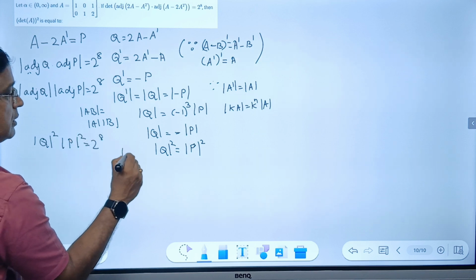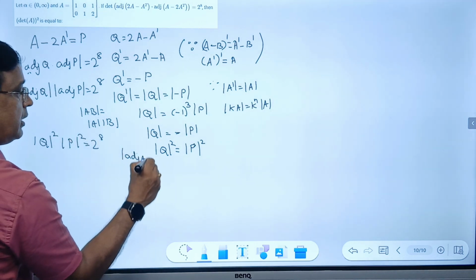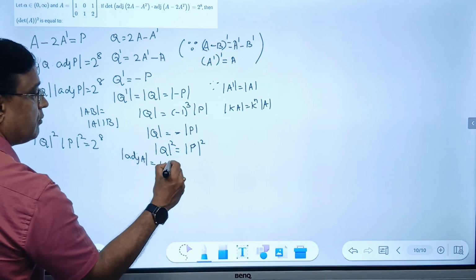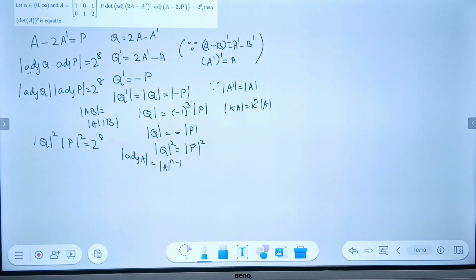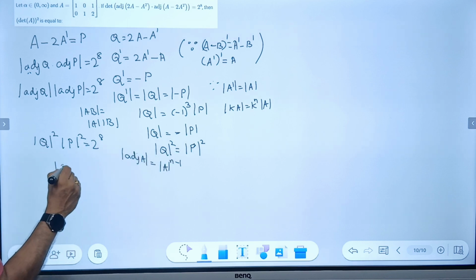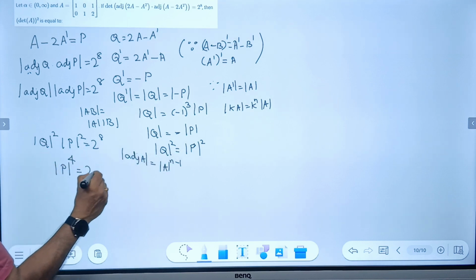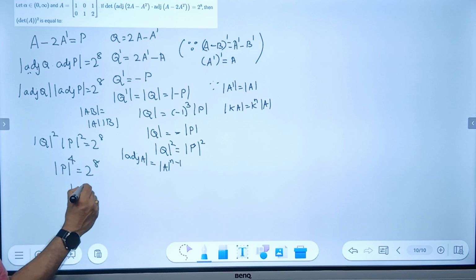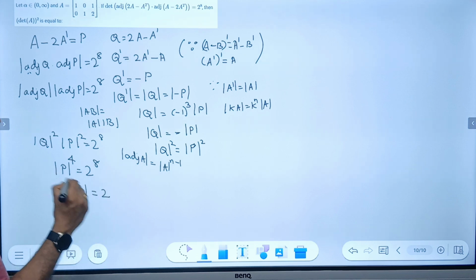What result is it? Determinant of adjoint of A is determinant A to the power of n minus 1. I am using that result. Now Q square is P square. So determinant of P to the power 4 equals 2 power 8. Therefore determinant of P is nothing but 2 square.